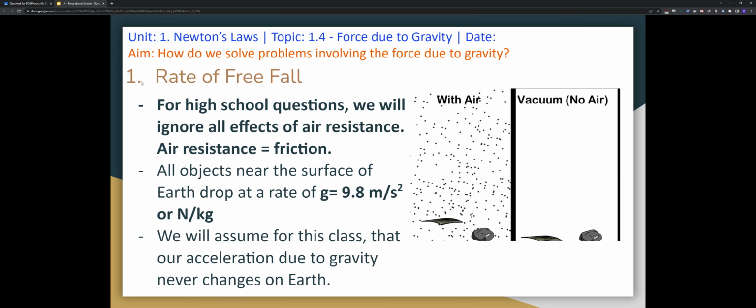This is something you guys have to get used to. Weight has nothing to do with how fast something drops. The only reason why objects drop slower is because of air resistance. Objects do not drop faster because they weigh more. They drop slower because of air resistance.